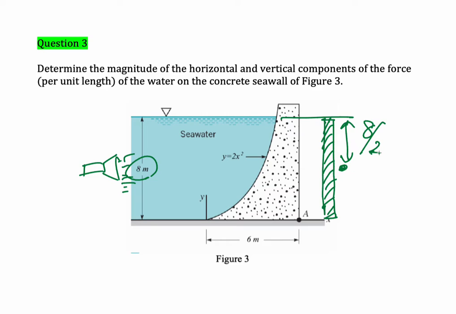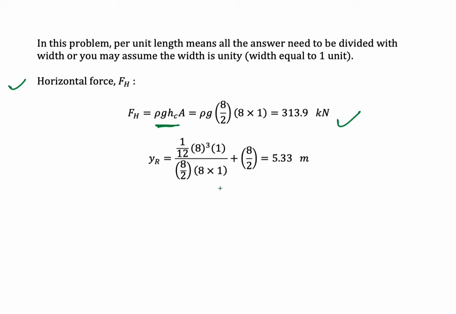We assume the horizontal force acts a little bit lower than this centroid. The calculation of the horizontal force is like this, and then we calculate y_R based on this equation. We get 5.33 meter.